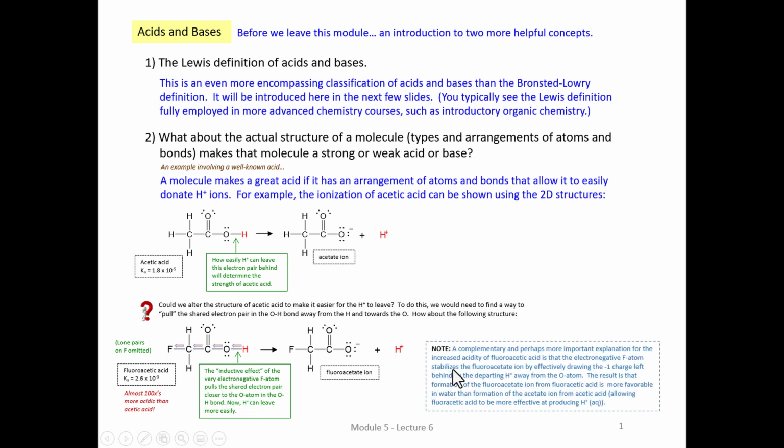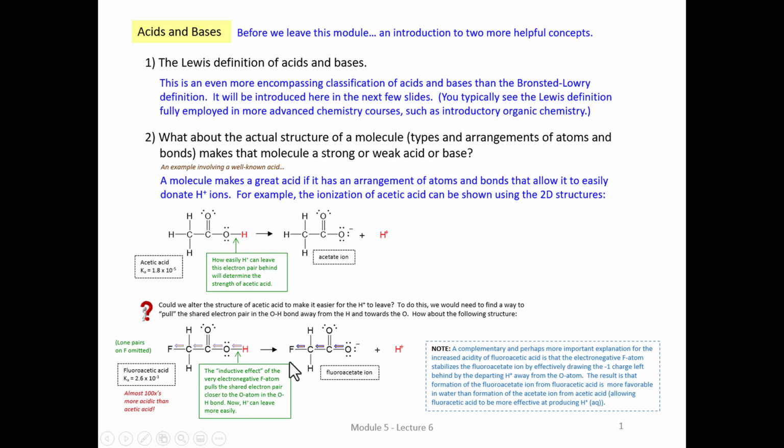A complementary and perhaps more important explanation for the increased acidity of fluoroacetic acid is that the electronegative fluorine atom stabilizes the fluoroacetate ion by effectively drawing the -1 charge left behind by the departing H+ away from the oxygen atom. That was kind of a mouthful. What am I saying here?